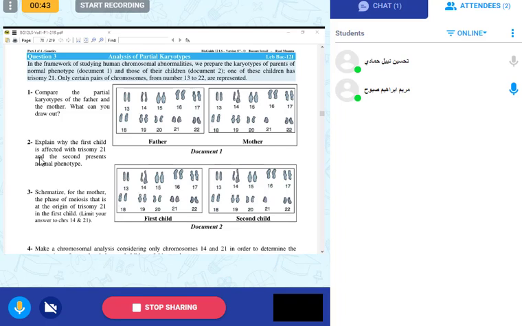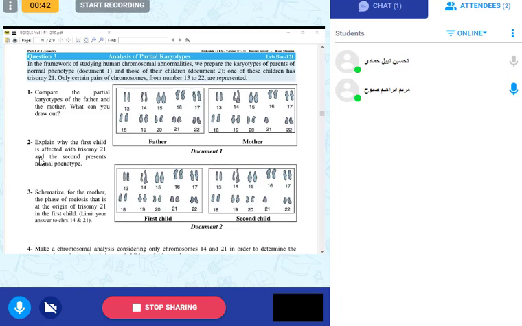Now, when we see the verb compare, Maryam, what do you understand from it? We look at similarities with differences. Okay, very good. First, we look at similarities, if there are any, and then we look at the differences. Let us first look at each karyotype alone.